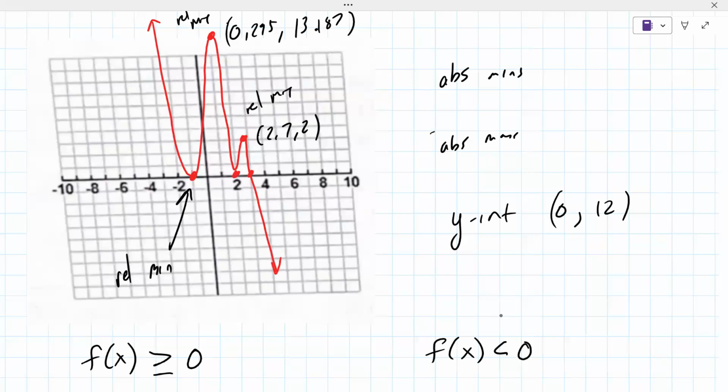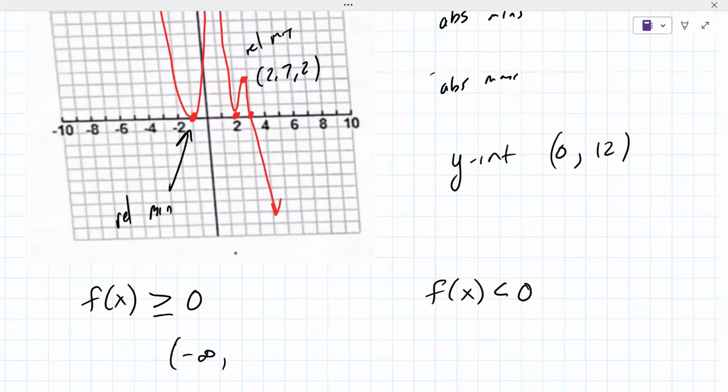Greater than or equal to 0. All right, so it's greater than or equal to 0 from -infinity to 3, including 3. And then it'd be less than 0 from 3 to positive infinity, not including either one. Right.